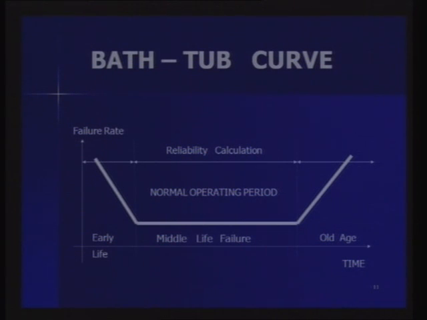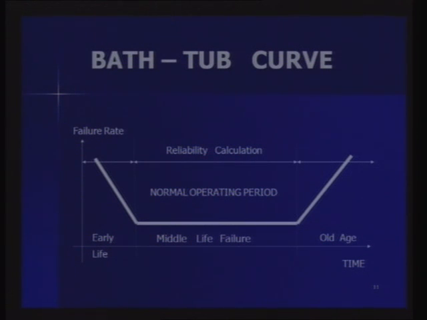The same thing happens with equipment. Any equipment at the beginning, for a few months, even if you purchase a motor car, for a few months its performance and failure rate will be high, and gradually it will reduce and come to a standard failure rate, constant, what we call the constant failure rate.